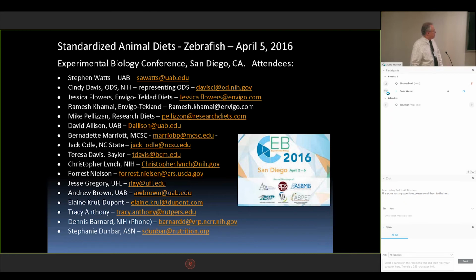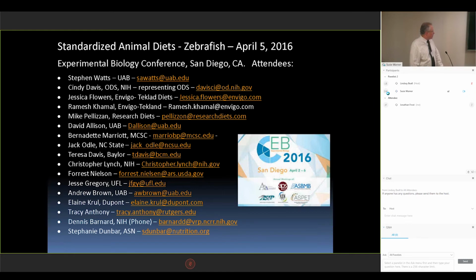2 years ago at the Experimental Biology Conference, we assembled a group of interested individuals who wanted to promote perhaps the development of reference diets and our understanding of nutrition. This group of individuals that you see up here is composed of NIH representatives, individuals, professors, and such. Several of the feed production groups were there. We had industry representatives such as DuPont and Dow show up.